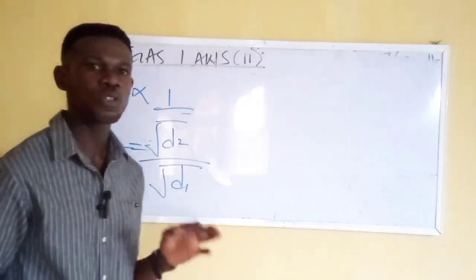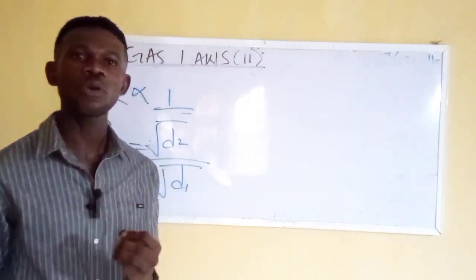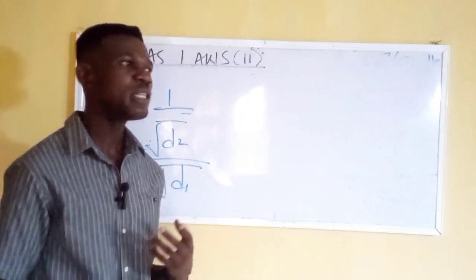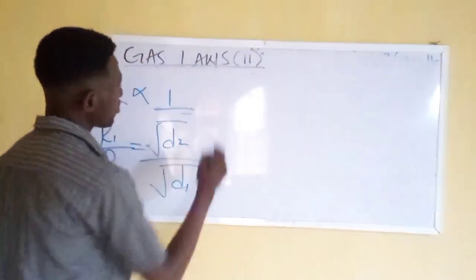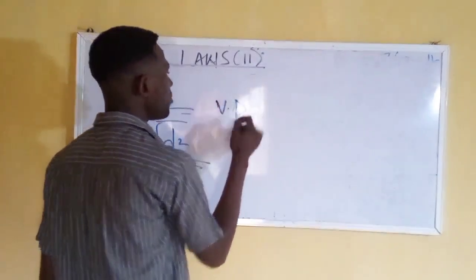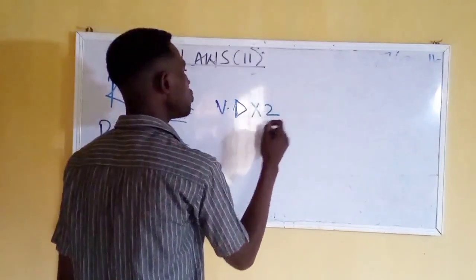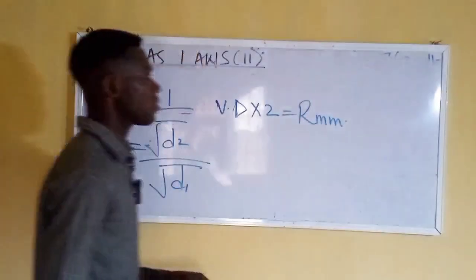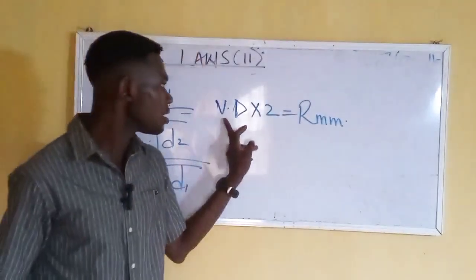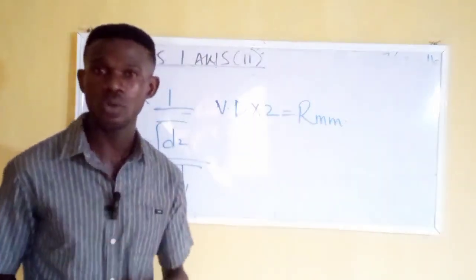Now, one more thing we must have in mind is what we call vapor density. When you are given the vapor density of a gas, which is abbreviated as VD, vapor density multiplied by 2 is the relative molecular mass of that particular gas.